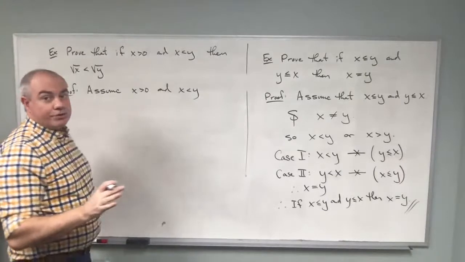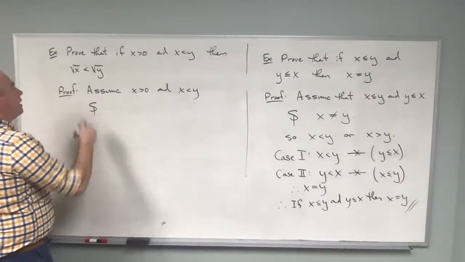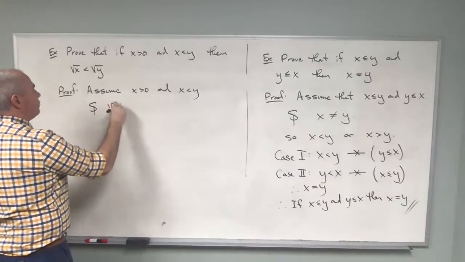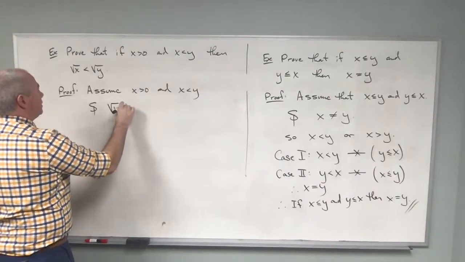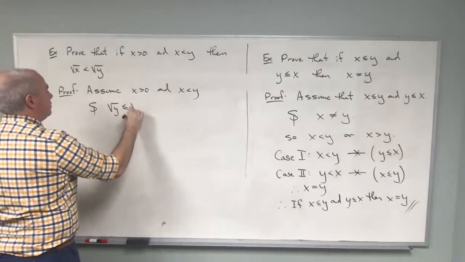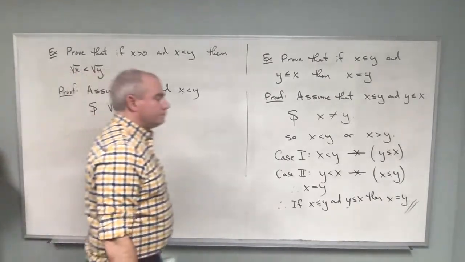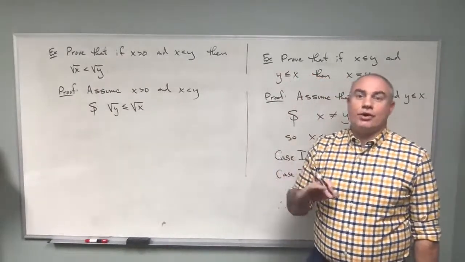So those get to be true. Then I suppose the negation of the conclusion. So I'm going to suppose that the square root of y is less than or equal to the square root of x. Okay, and then I'm going to show that that's no good.